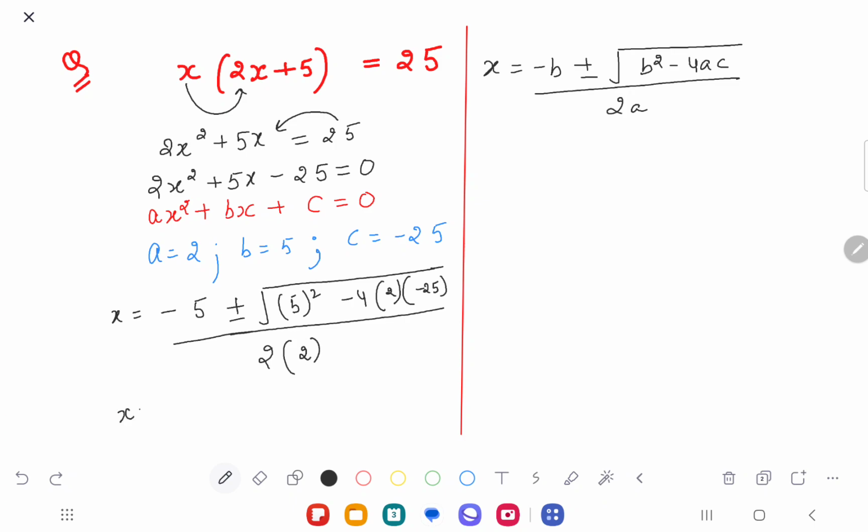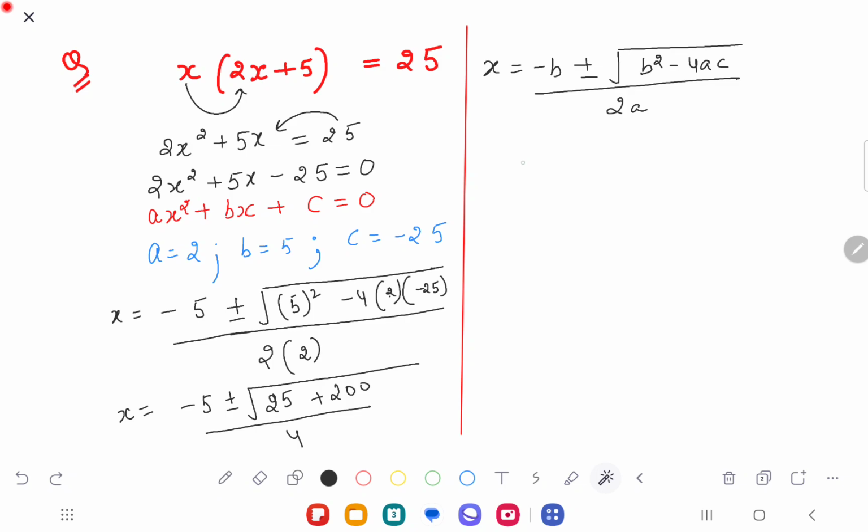Understood or not? So x shall be what? Minus 5 plus minus under root of 5 square shall be 25, and minus times minus basically becomes plus. So 4 times 25 shall become 100. 100 times 2 shall become 200 over 4.